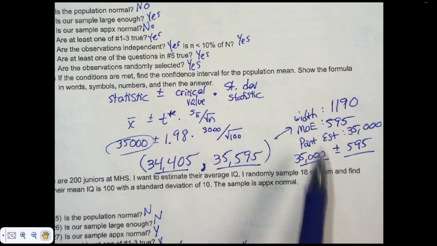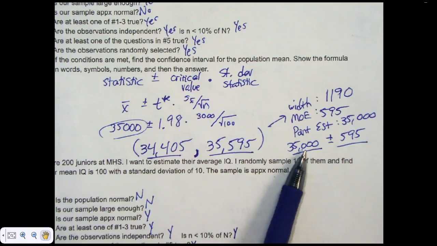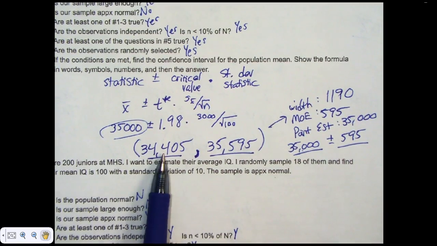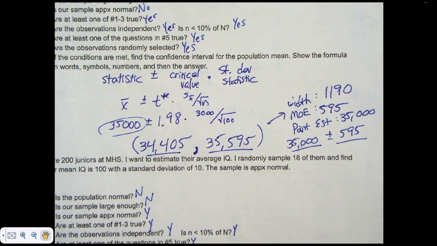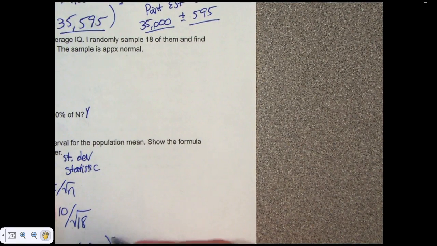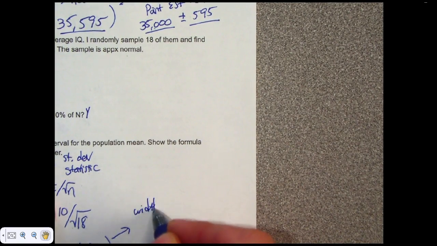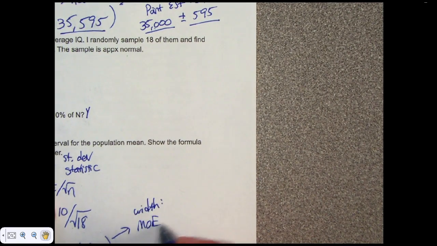And if you took 35,000 and subtracted 595, you'd get that number. If you took 35,000 and added 595, you get that number. Questions on that? Do the last one. Do the same thing after you find the interval. Do the width and the margin of error and all that same stuff.